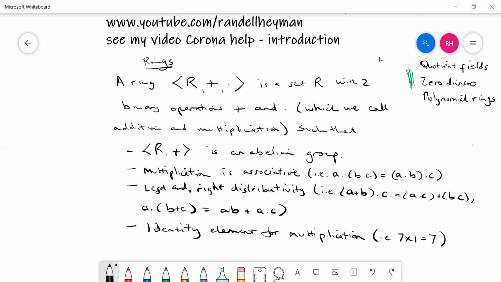Any integer times 1 is the same integer. So in the book that I'm using here, they don't assume identity. If they want identity included, they'll say a ring with identity. But in other cases, people will specifically include the identity element for multiplication in the definition of rings. So fortunately, it's one of those things you've got to get a sense of just from the problem that you're looking at.